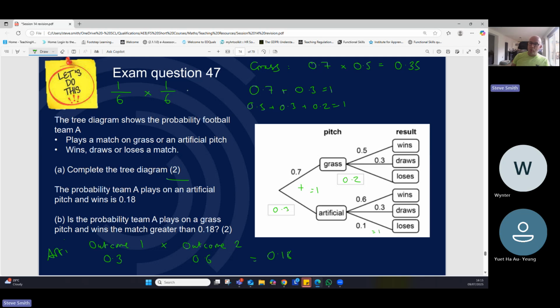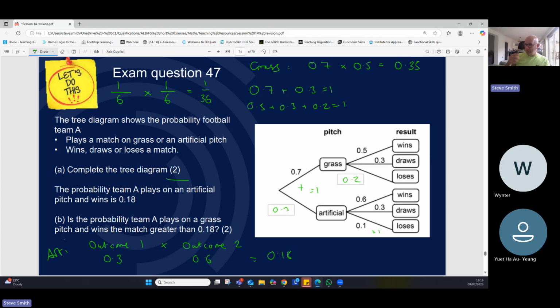So to get them both landing on 6 is a 1 in 36 chance. So if you think about when people roll a double 6 in any game, Monopoly or whenever you're playing board games, that's quite good, 1 in 36. If you roll double 6, you're on to a winner. You're doing well. So that's a dice.